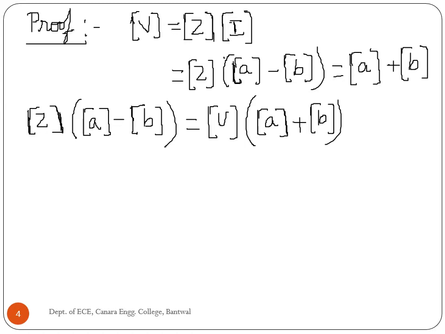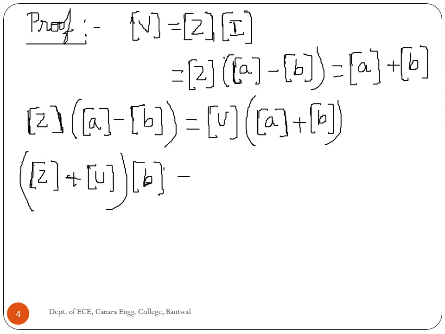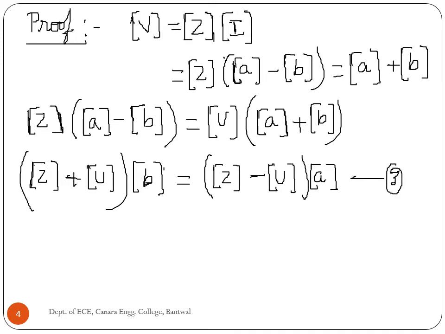Now the above equation is: Z matrix plus unity matrix into B is equal to Z matrix minus unity matrix into A. This is equation 3, where U is the unity matrix as I told before.